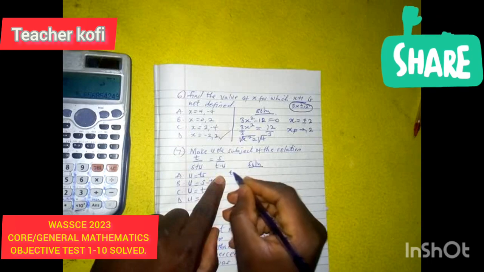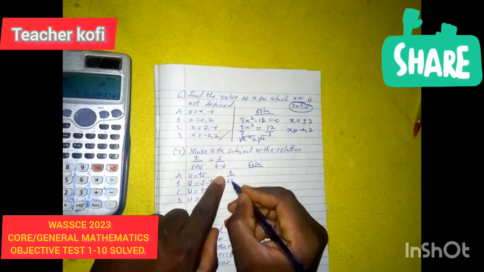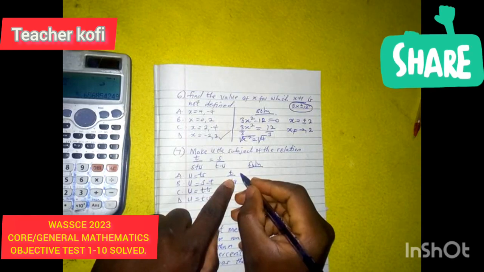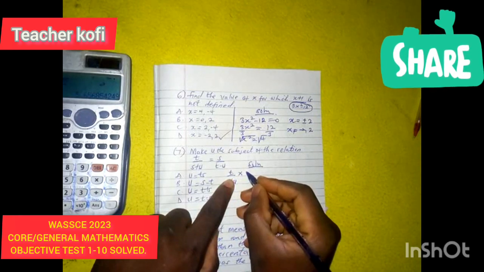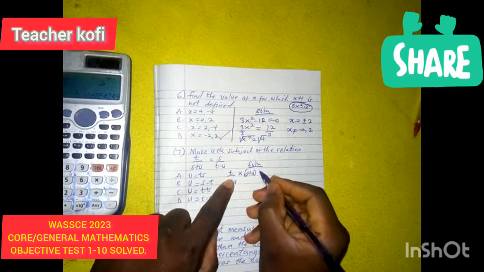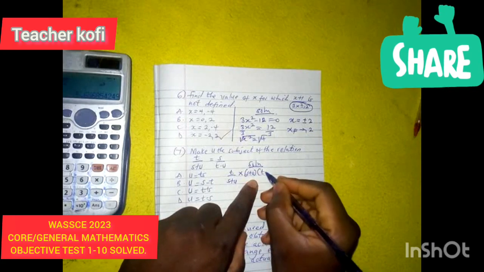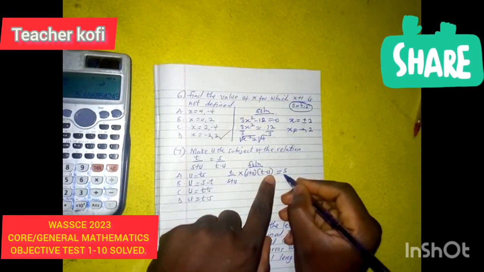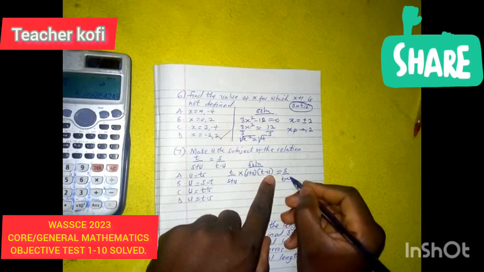So we multiply this by s plus u, and this by t minus u.